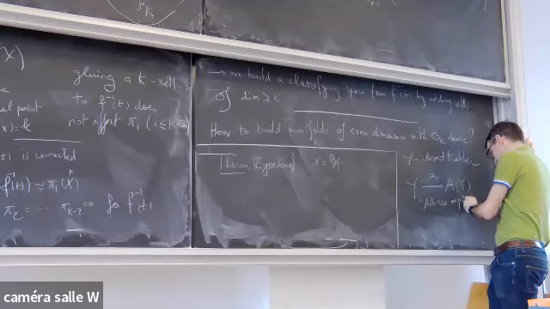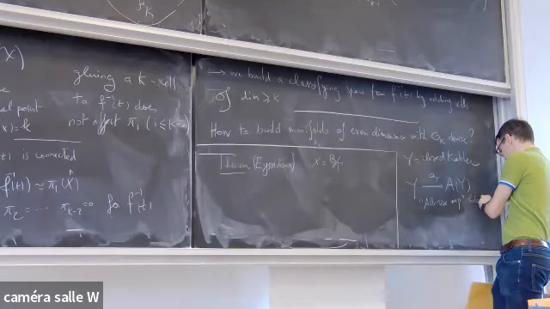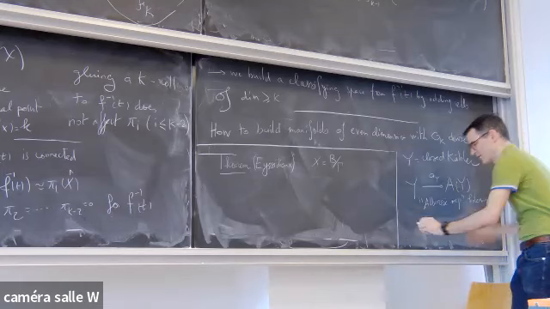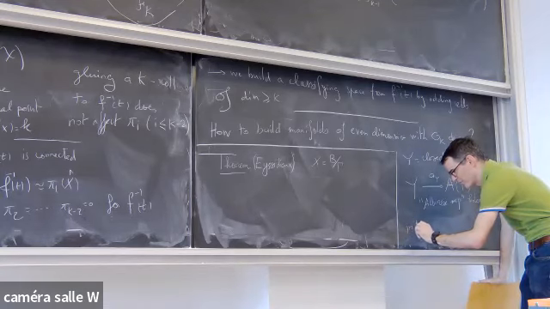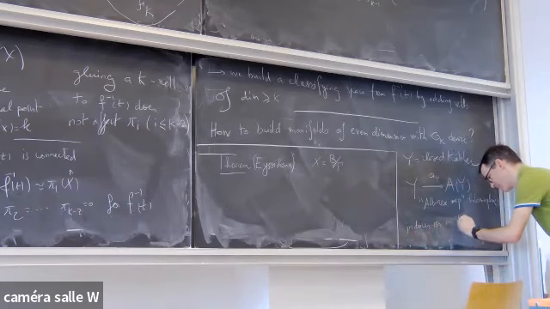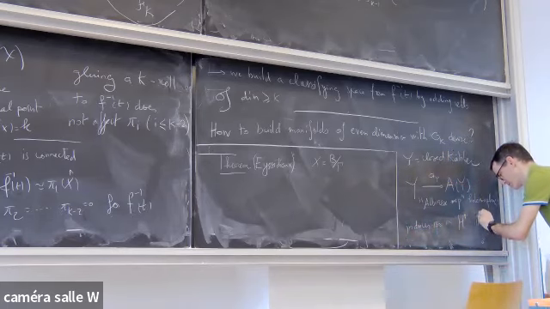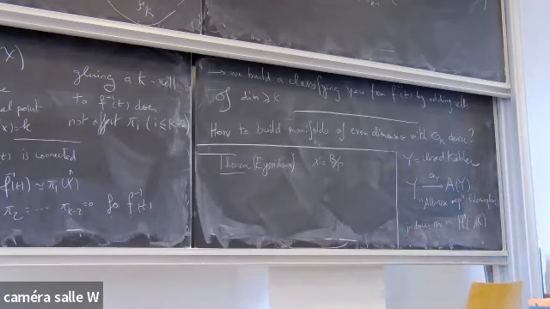It's a map which is holomorphic, which induces an isomorphism on H_1, let's say with real coefficients. And it's built canonically using Hodge theory.